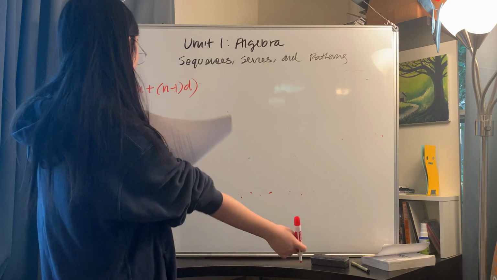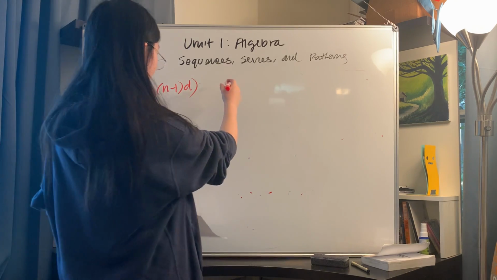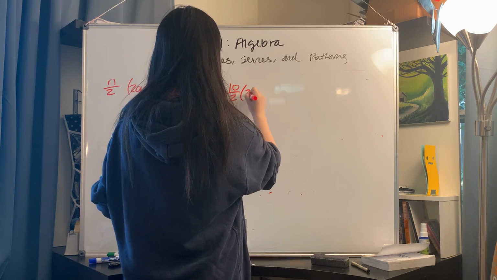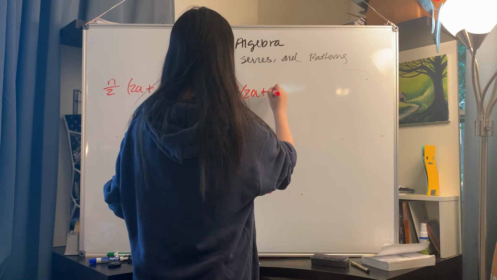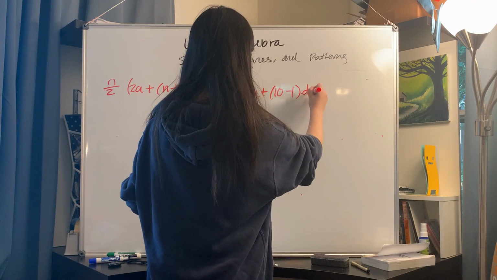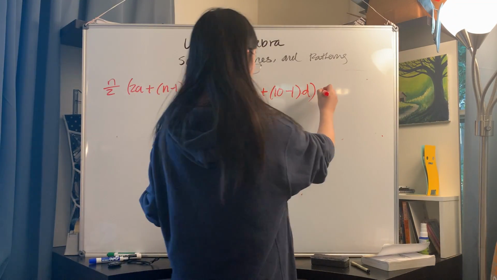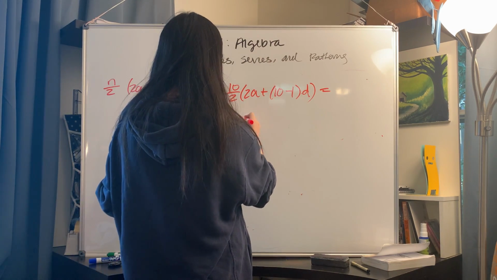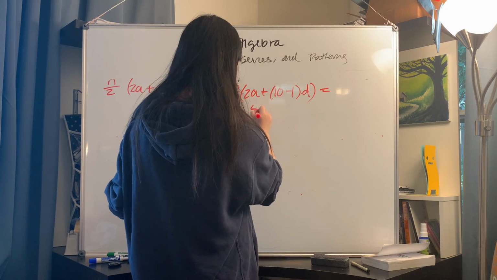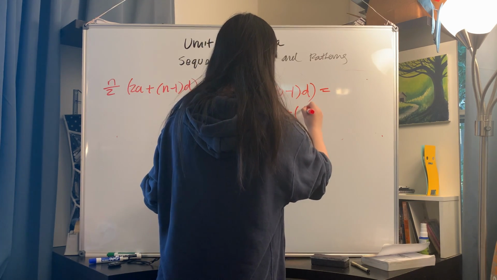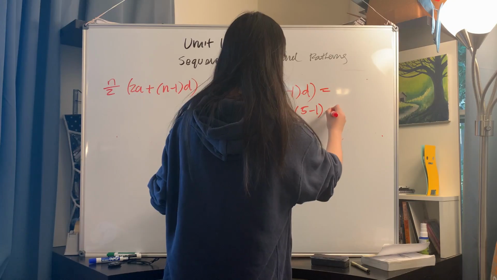So the sum of the first 10 terms will be represented in this way: 10 divided by 2 times 2a plus 10 minus 1 times d. And that is equal to 4 times the sum of the first 5 terms, which is 5 divided by 2 times 2a plus 5 minus 1 times d.